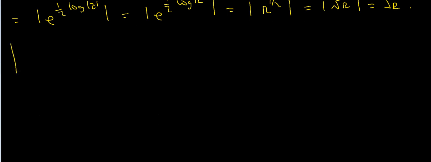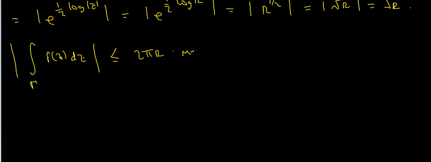Well, I find that the absolute value of the integral of f of z over big gamma is going to be less than or equal to the length of big gamma, which was 2 pi r, times the maximum value. Well, I know that the maximum value is bounded above by what? Well, I had the square root of z, so let's just write it out again.